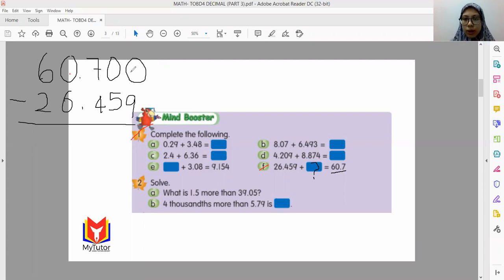Now Hana, what is 0 minus 9? Can you subtract 0 with 9? No. Then what you do? You borrow from the next number. Can the next number give you anything? In this case, no, because it's also 0.